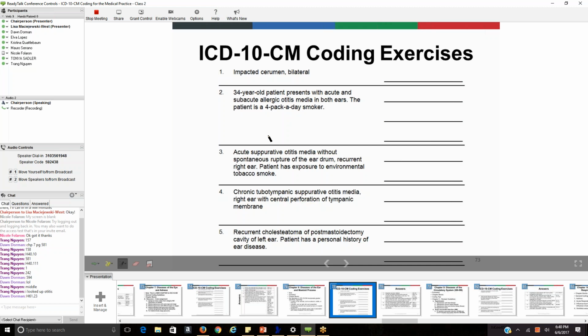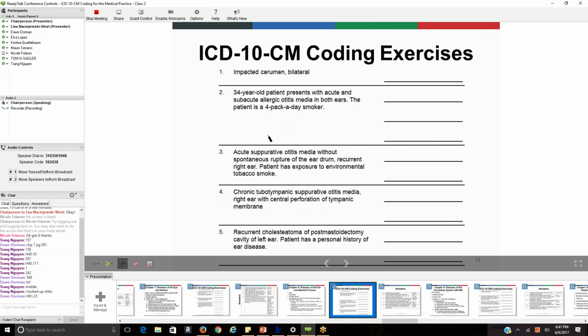All right, let's do number 3. Acute suppurative otitis media without spontaneous rupture of the eardrum, recurrent right ear, patient has exposure to environmental tobacco smoke. So let's go back to otitis. Let me ask you this question.